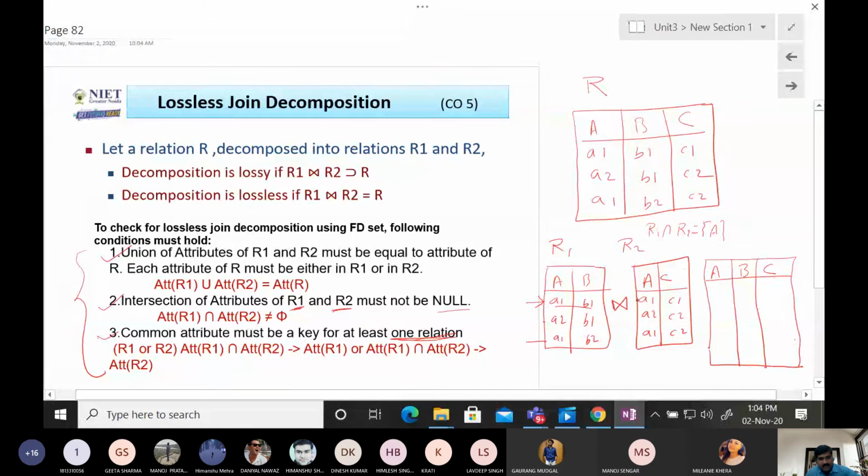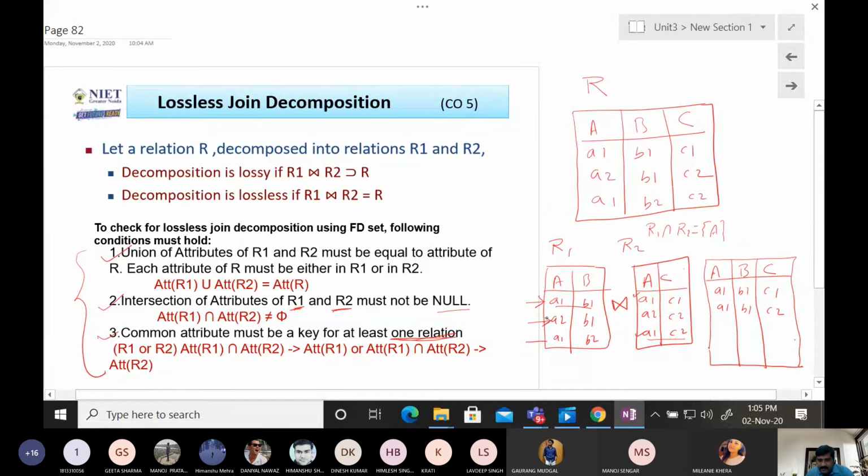First with A1 and second with this A1. So if we associate this tuple with this, then we will get A1, B1, C1. And if this tuple is associated with this tuple, then we will get A1, B1, C2.